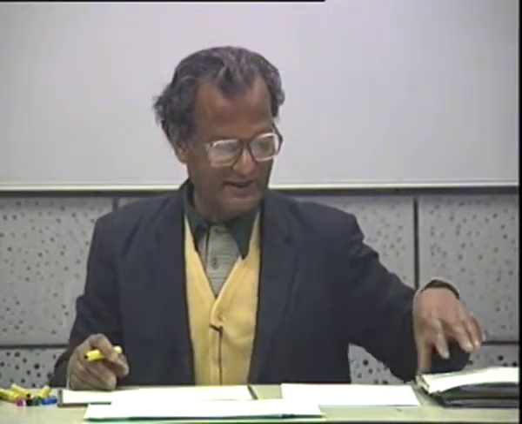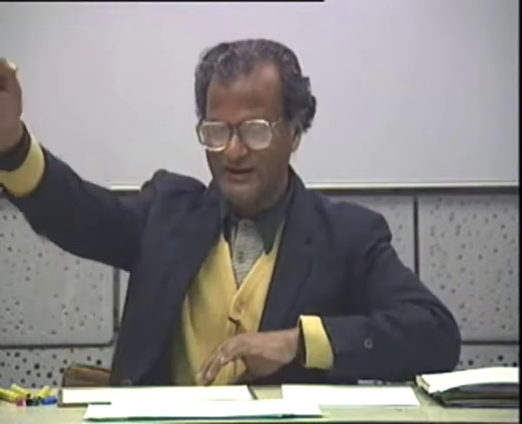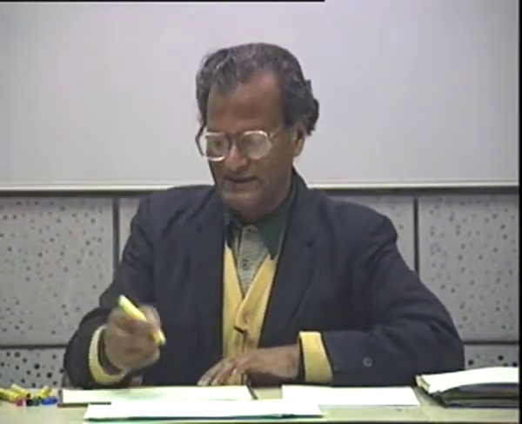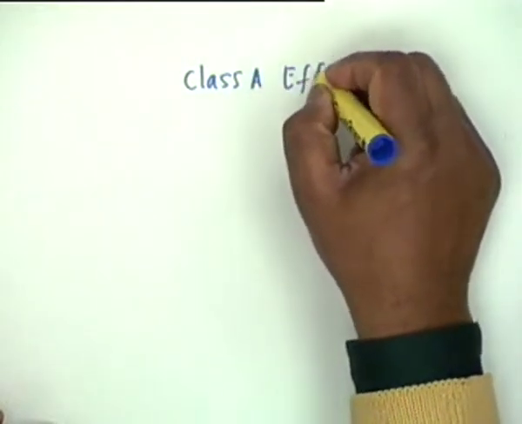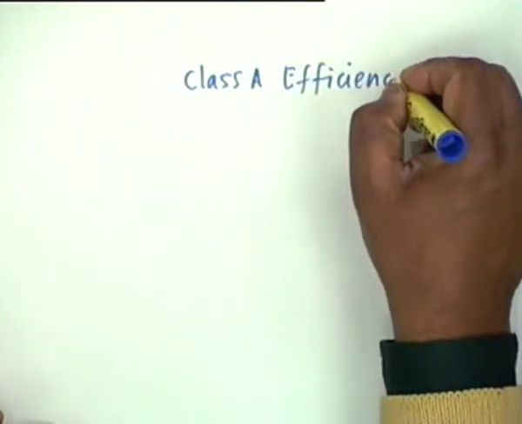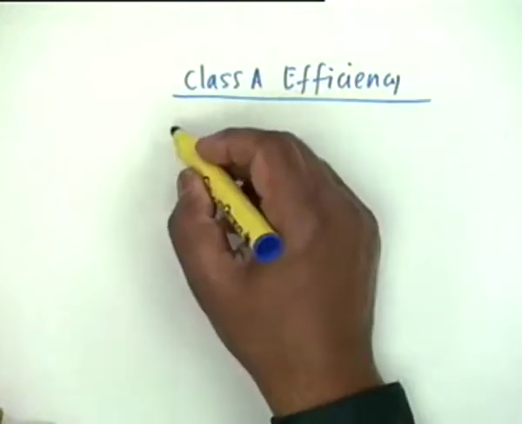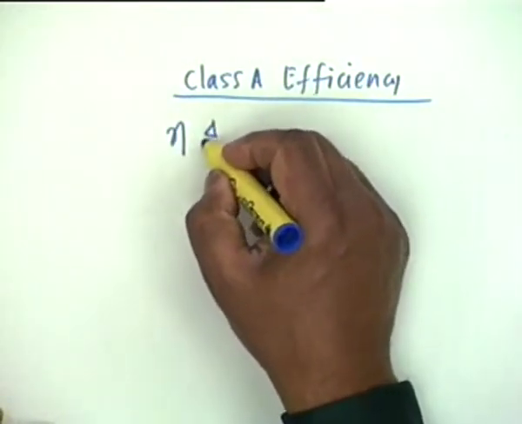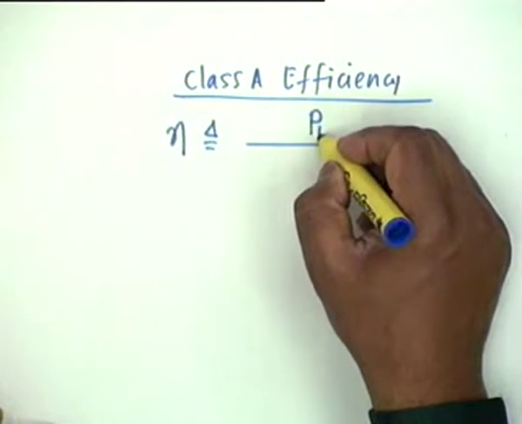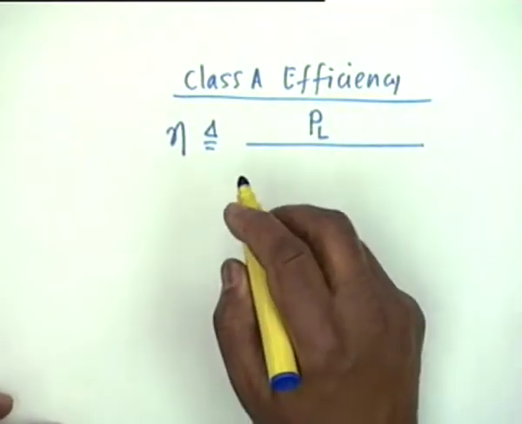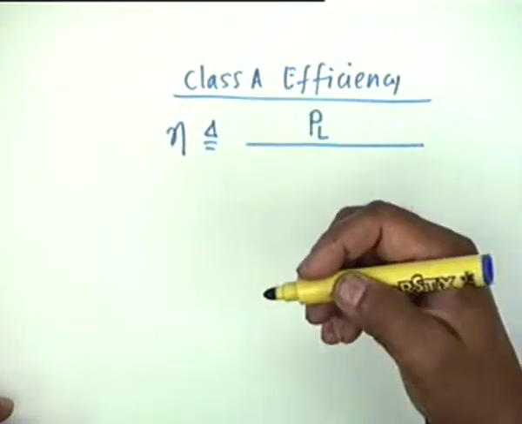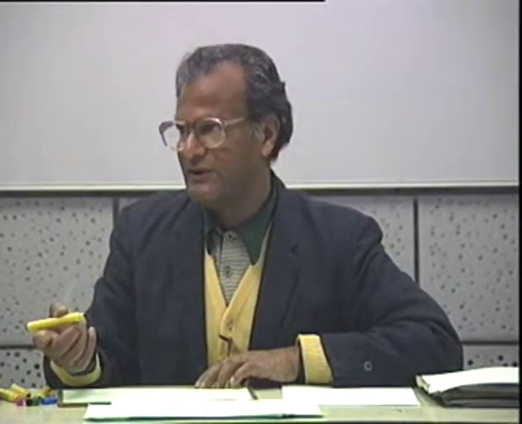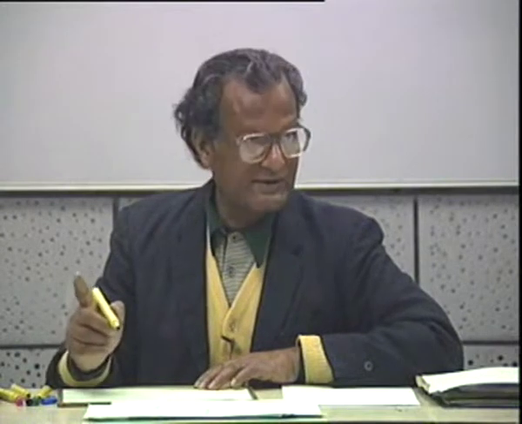Okay, with all this now, let's look at the efficiency that a class A power amplifier can give. Efficiency, as I already told you, is defined as the average load power, PL. The load power will be a function of time, V0t multiplied by I0t. You have to take the average value over one cycle.